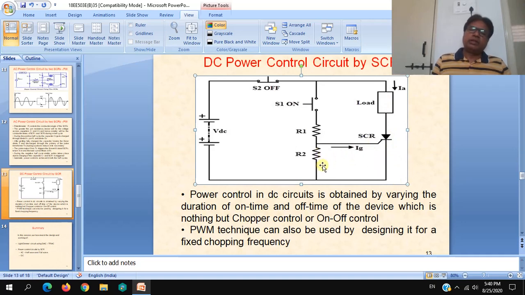For that purpose, we have to do something so that some current or pulse enters the gate, and that will be taken care of by these voltage bias resistors, or voltage divider resistors, R1 and R2.